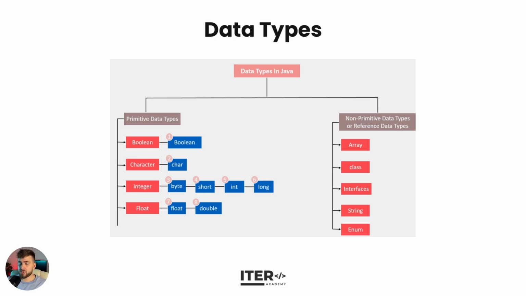Primitive data types are used to represent simple values, such as numbers or characters, and they are stored directly in memory. On the other hand, reference data types are used to represent more complex data structures, such as arrays or objects, and they are stored as references to a memory location.